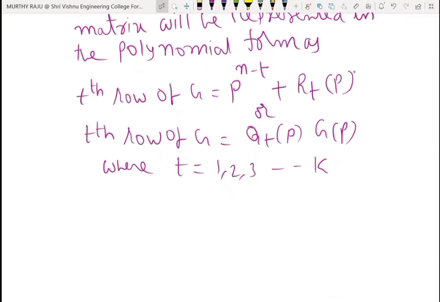How will we get this Rt of P and Qt of P?